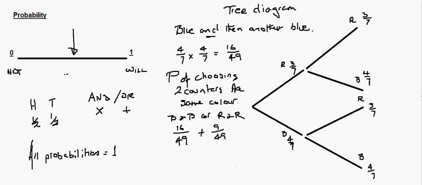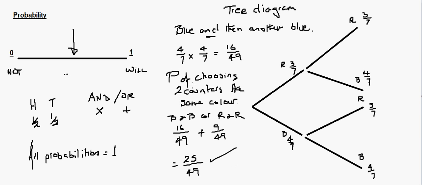So now I just add these two together. So 16 plus 9 is 25, and that will be 25 over 49. Remember, you only add the numerators, not the denominators. So that will be the answer.